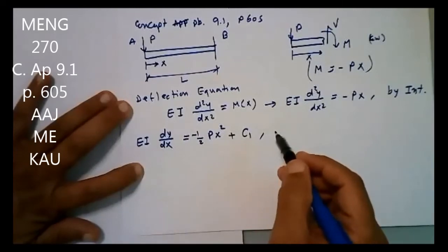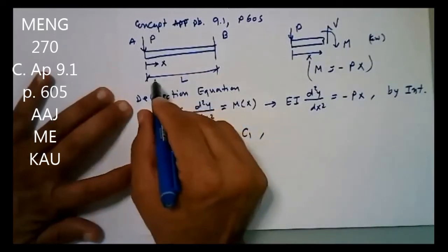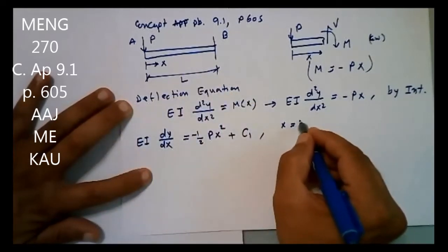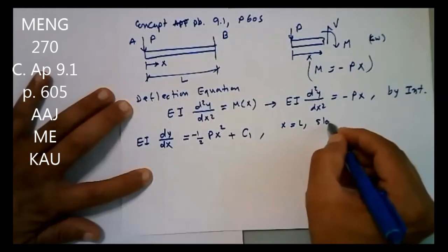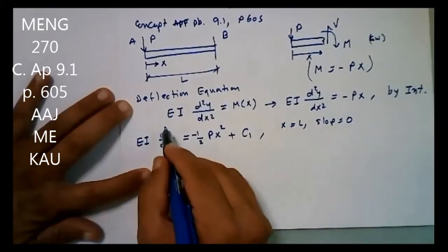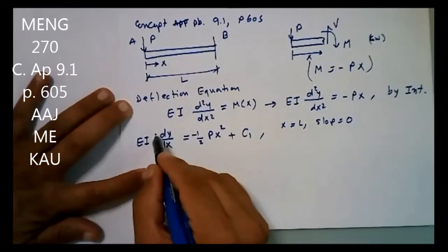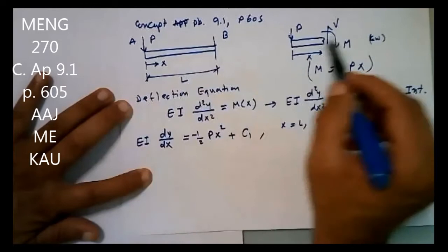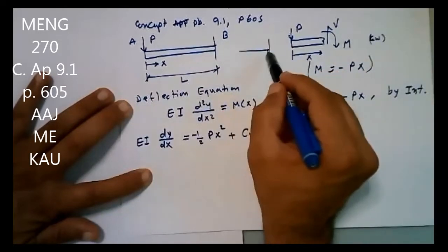Now look here, guys, at x equal to L, the slope here is equal to 0. This term is not the deflection. Deflection is y, which is this one. Because in reality, this is the beam, this is the deflection.